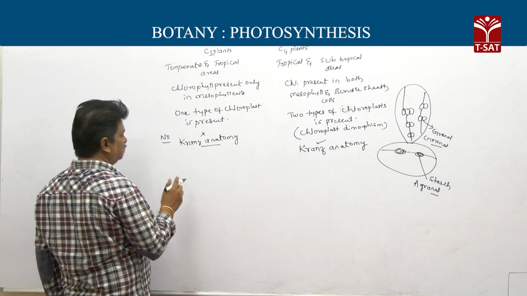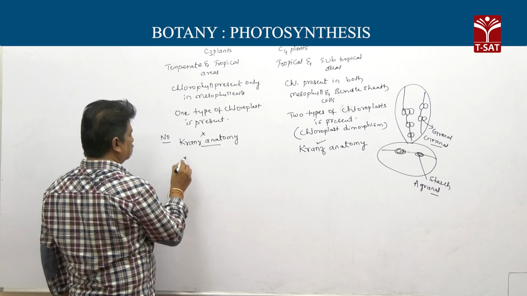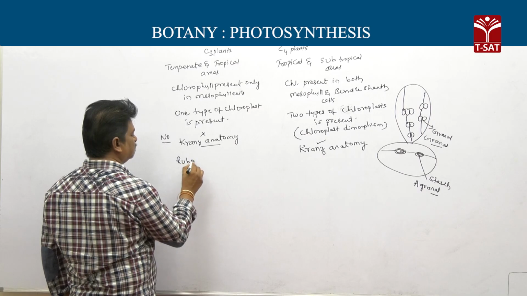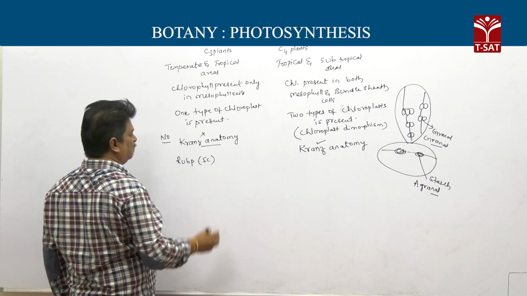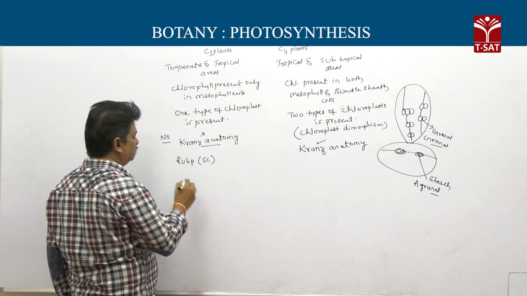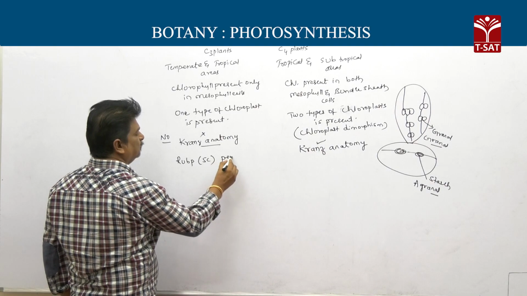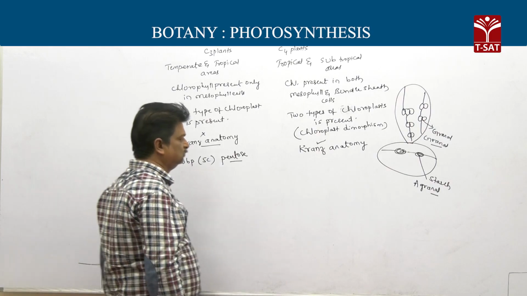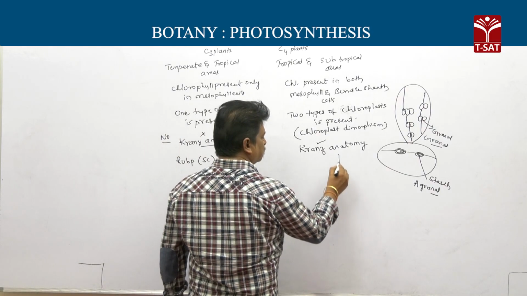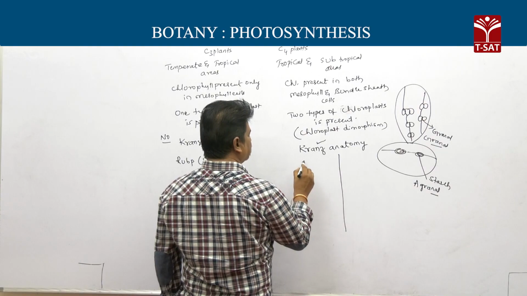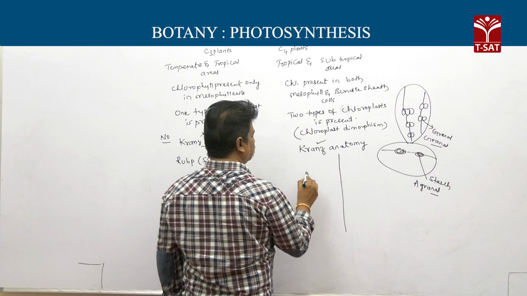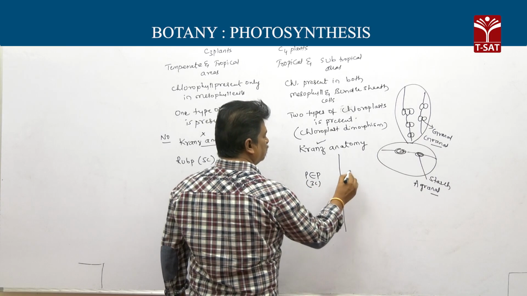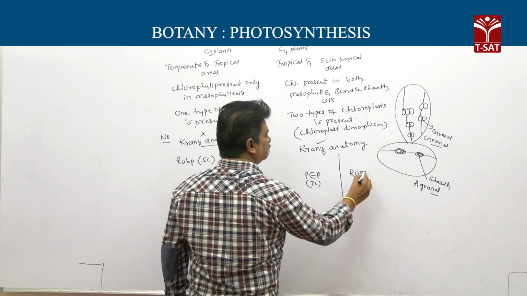Then C3 plants, only one carbon dioxide fixator is present, that is ribulose bisphosphate. Rightly, it is pentose, 5 carbon compound. In C4 plants, 2 carbon dioxide fixators present. One is triose, that is phosphoenol pyruvic acid.